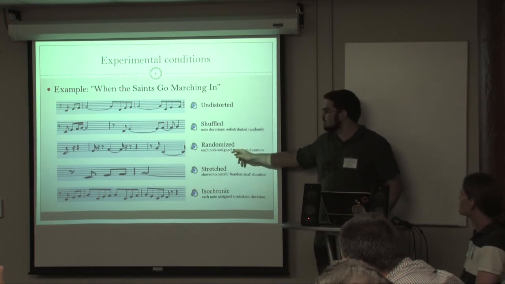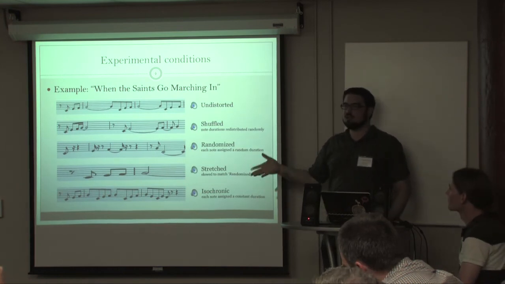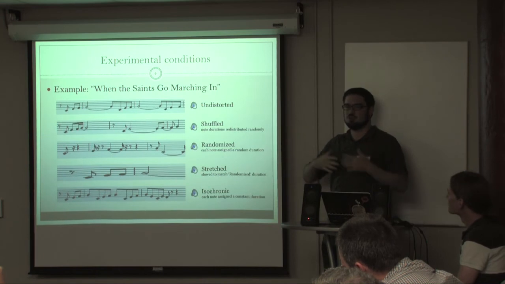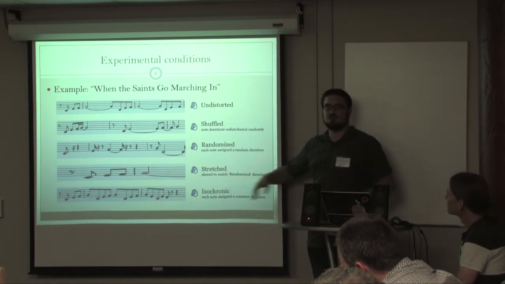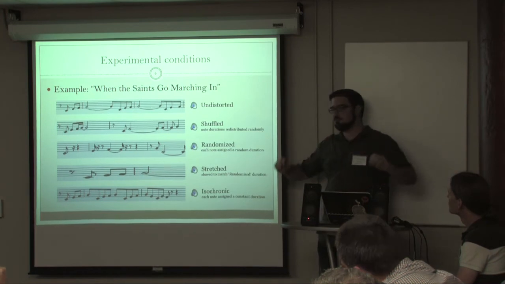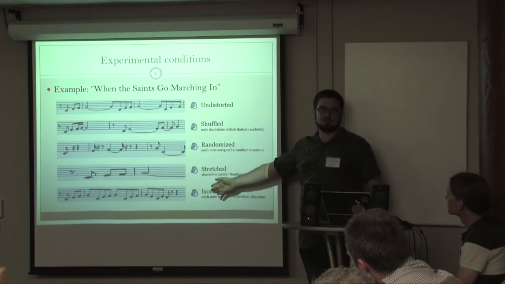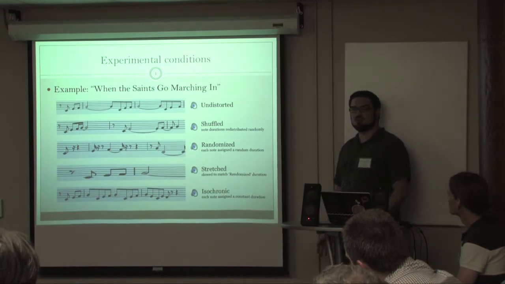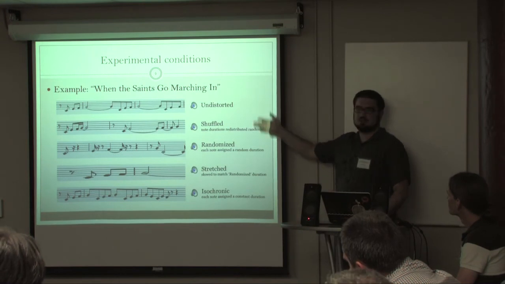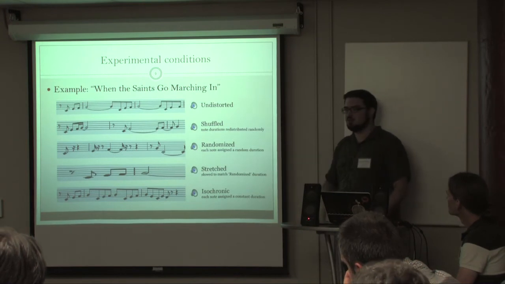We have the randomized condition where you just roll a dice for each individual note and come up with a random value for each duration. We have the stretched condition where you uniformly slow down the melody. And finally, we also have the isochronic condition. We then apply a distance metric called the chronotonic distance to quantify the degree of distortion. I'll be happy to talk to you about that post-talk.